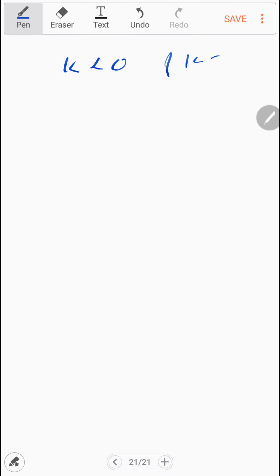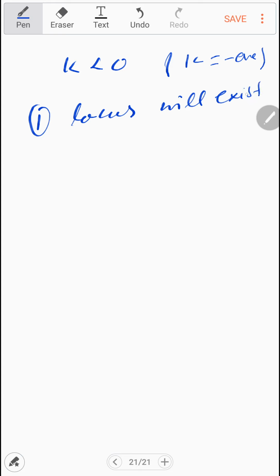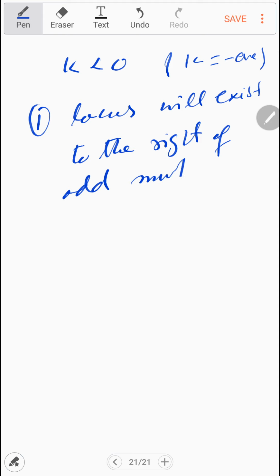When k is a negative value, then what will happen? Then we say that the locus will exist to the right of the odd number of poles or zeros.